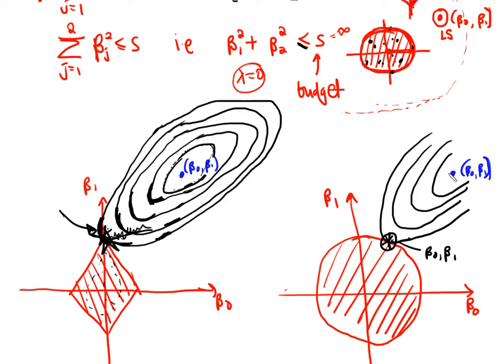We have increased RSS. I keep emphasizing that we have increased RSS. Yeah, sure, but in the long run, it's going to be beneficial because we have way lower beta 1 and beta naught satisfying our budget.